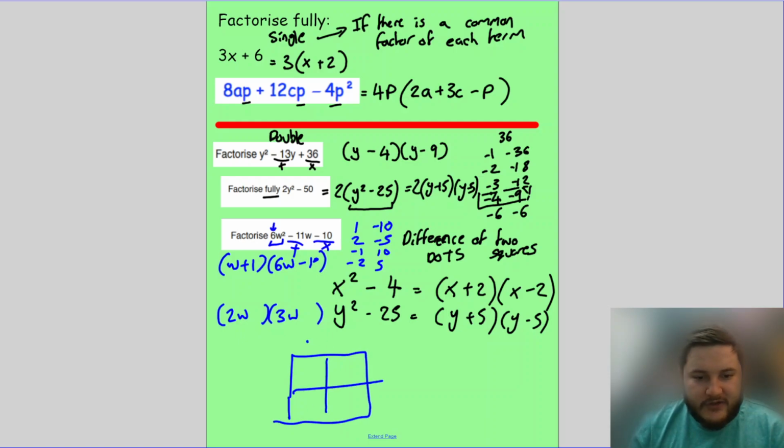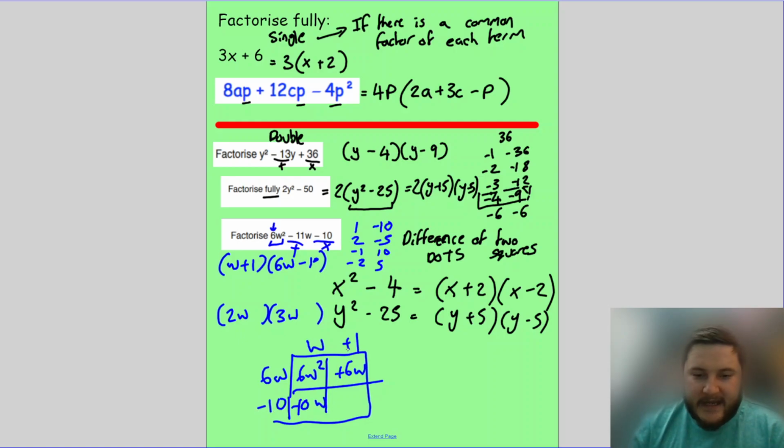Get your grid ready. W plus 1, 6W, take away 10. 6W times W is 6W squared, which is exactly what we wanted, because that was the whole point of putting W and 6W there, because we know it's going to be 6W squared. 6W times 1 is 6W. W times negative 10 is negative 10W.